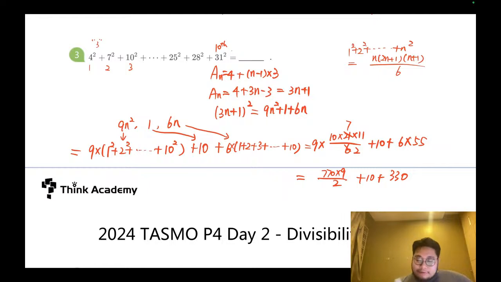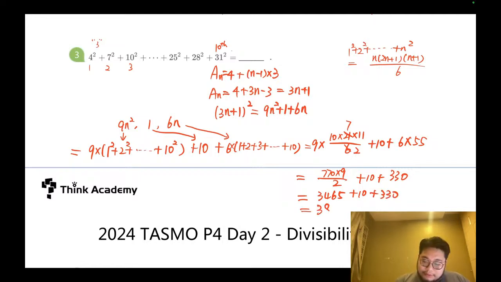Then you can just calculate: 770 times 9 divided by 2 equals 3465. Then we add 10 plus 330.